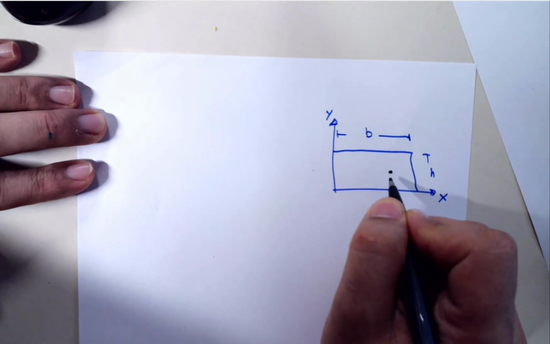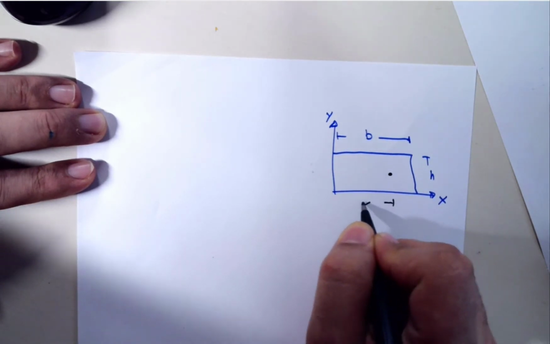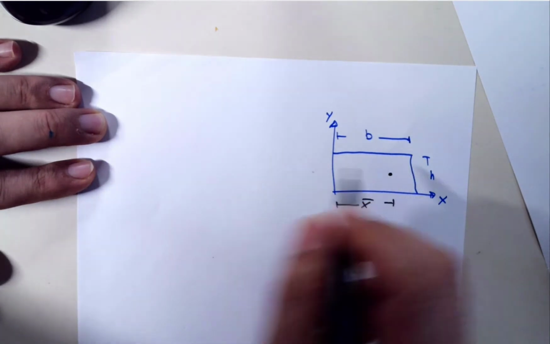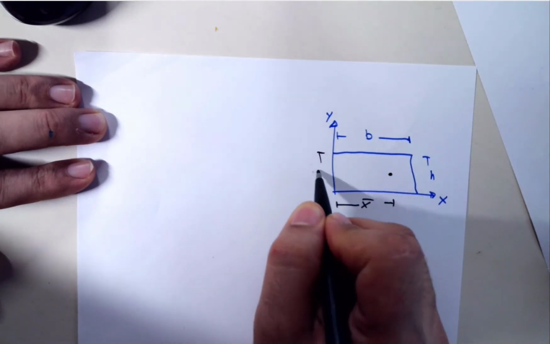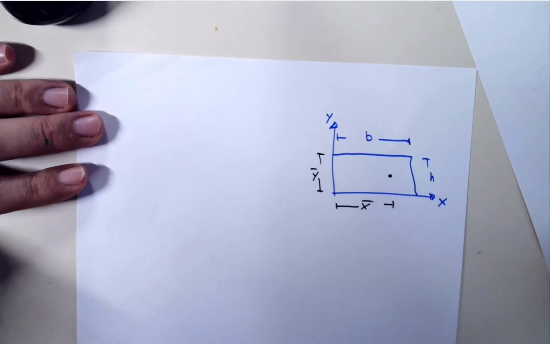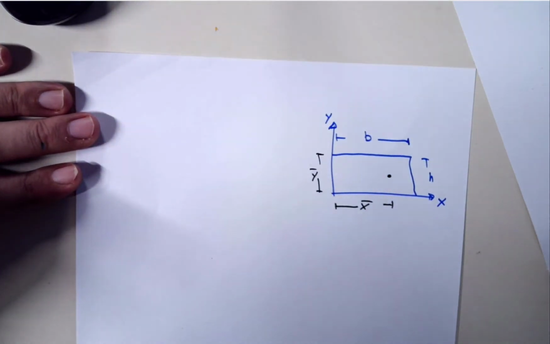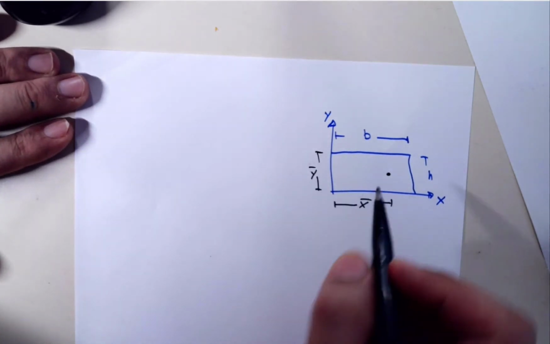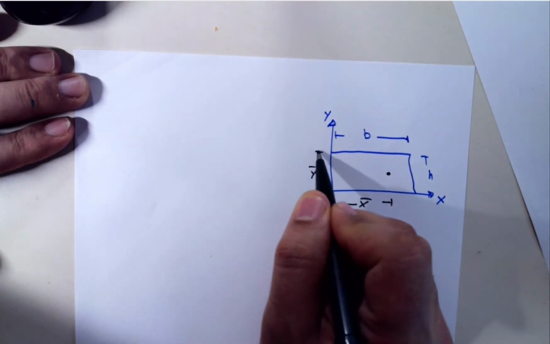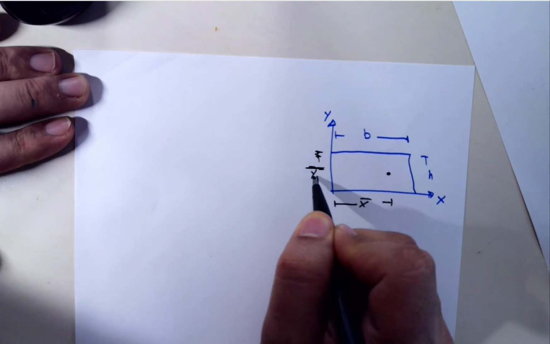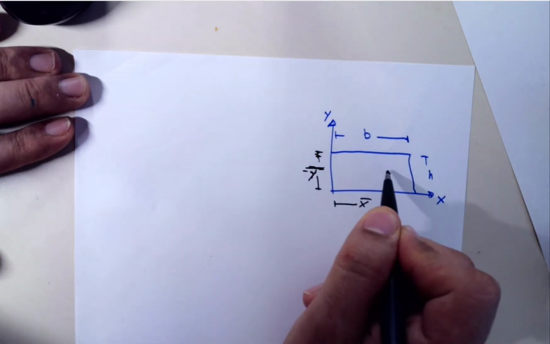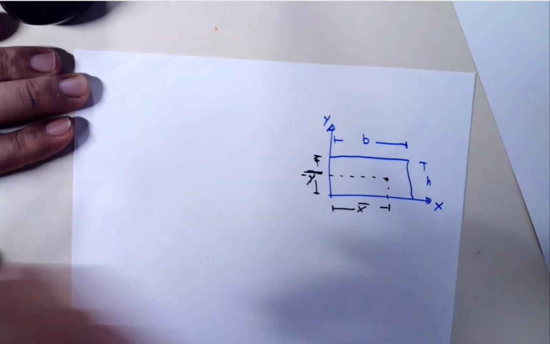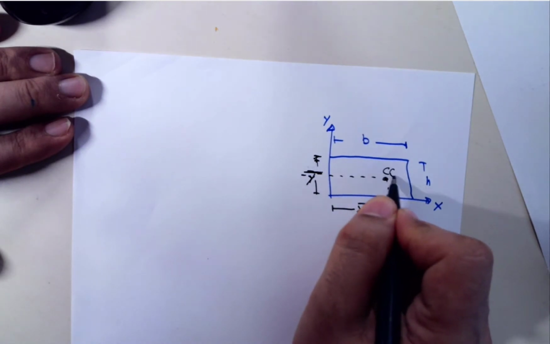So let's say this is X bar. I just shifted that on purpose so that we don't just assume it's at the center. So I want to find X bar and Y bar. Sorry, this is Y bar. This is X bar. That's my CG.